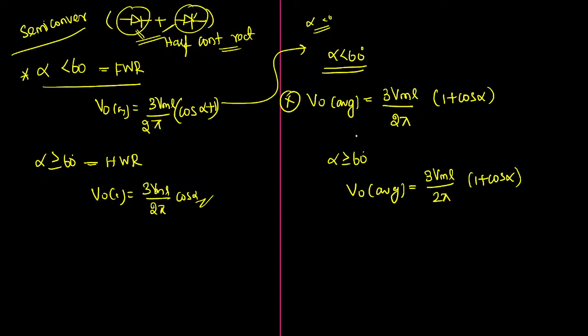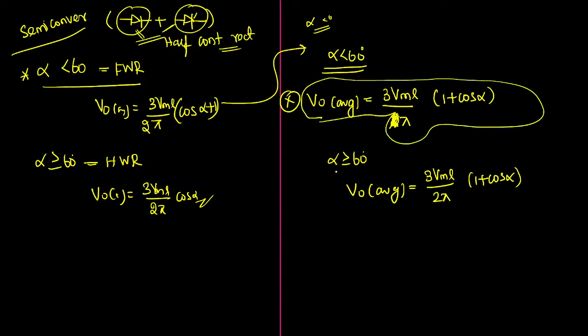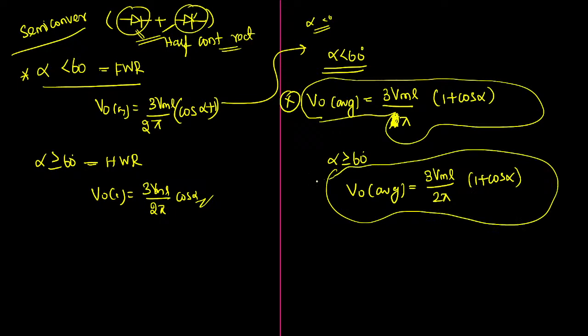See, in the full wave rectifier, just note this down, I don't think 2 will come here. Don't get confused. Just remember this formula, don't put 2 here. And here this is alpha greater than or equal to 60 degree. Just to remember this, I will be cross checking once. Okay, just keep it in your mind. I don't think that questions will be taken from here, but sometimes questions will be taken in some IAS or GATE questions. You can expect a question from this area.